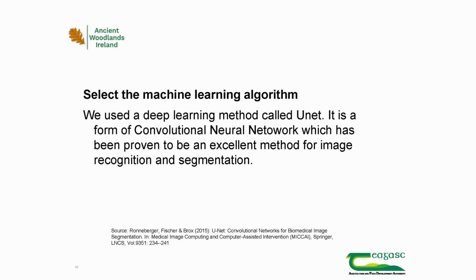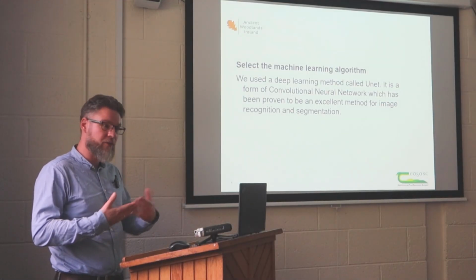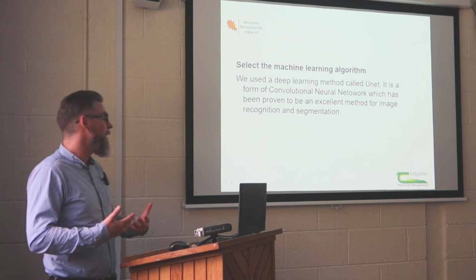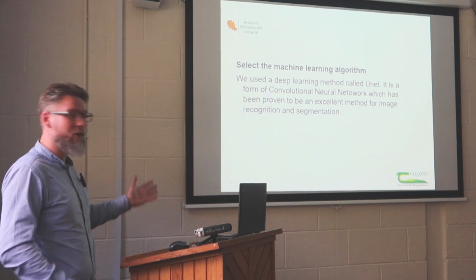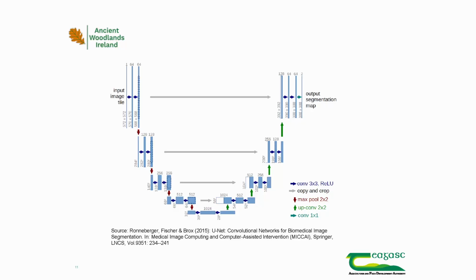It comes mainly from medicine, where they use it on, say, brain scans to identify aneurysms or tumors. But surprisingly, it works really well on maps as well. This is how it looks. I'm not going to go into too much detail. It basically breaks an image down into ever smaller bits and then builds it back up and sees how well it matches.